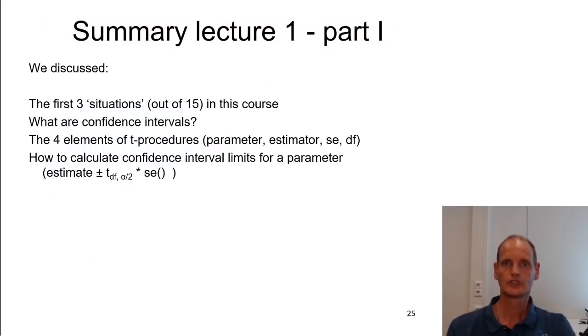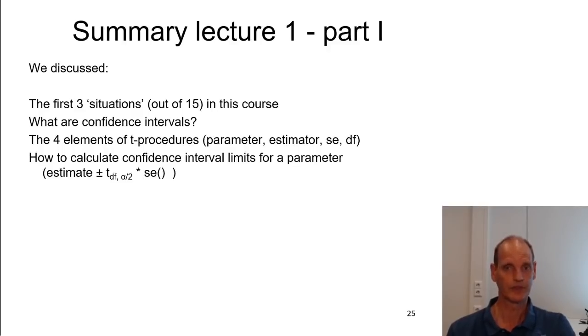Okay, this concludes part 1 of lecture 1. We discussed the first 3 situations out of 15 in this course, so see pages 6-7 if you did not do that yet. We discussed what confidence intervals are, in a brief review. We discussed the 4 elements of t procedures: the parameter, estimator, standard error, and DF.